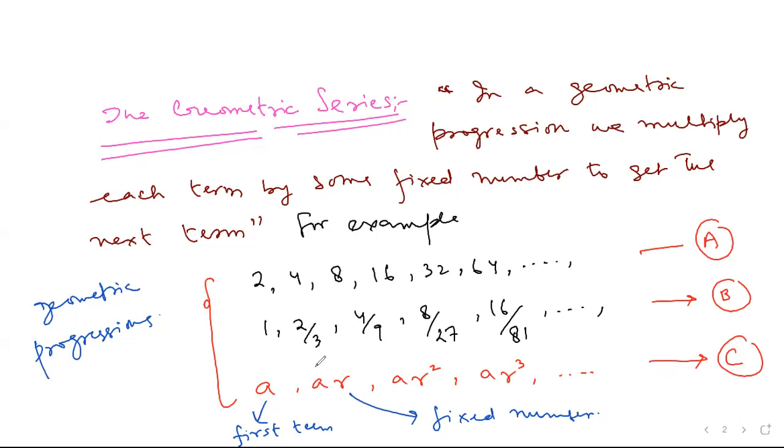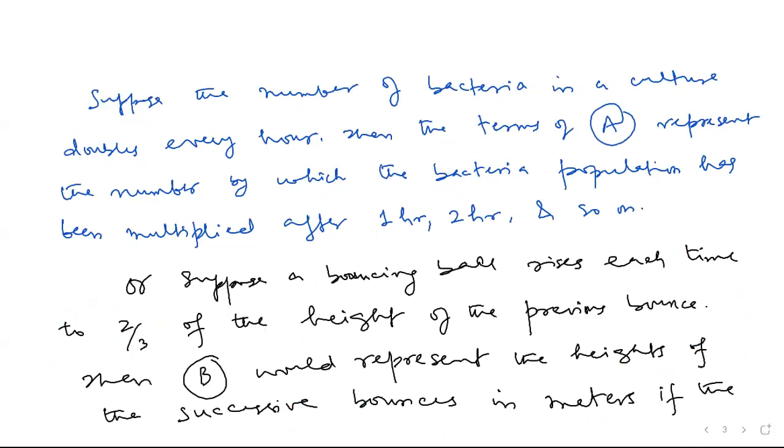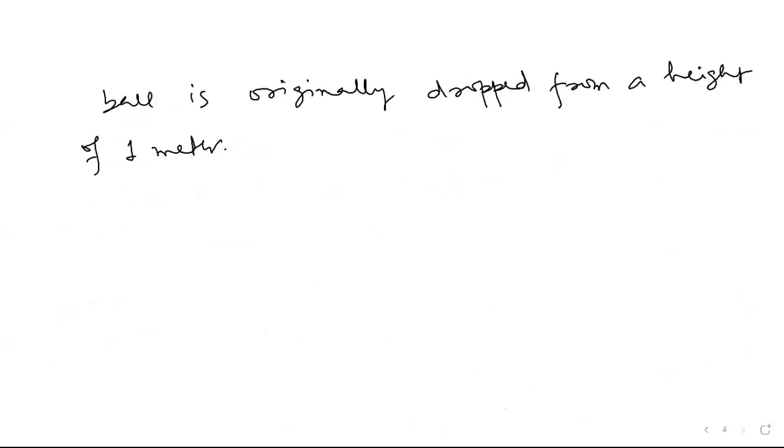So this geometric progression represented by B will represent the heights of the successive bounces, right? So you can see how we can think of the examples involving these geometric progressions, right?